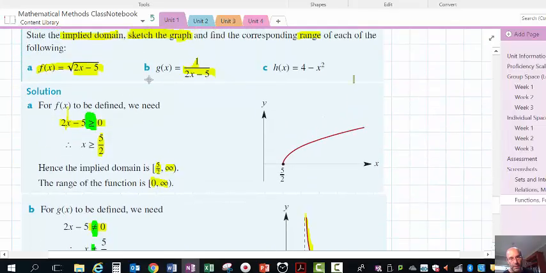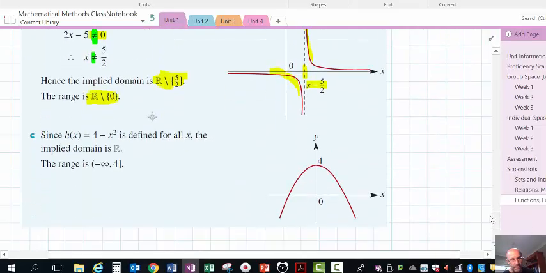4 minus x squared is the last example, and let's have a look. It's defined basically for all x, so its implied domain would be all real numbers unless we're told otherwise, and we're not, so that's our implied or maximal domain, the biggest one that makes sense.